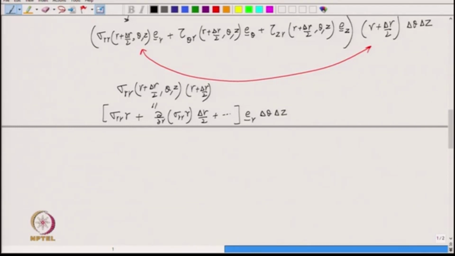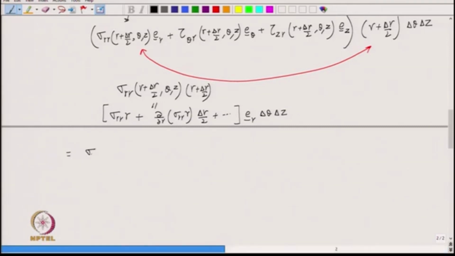All right. So, you see here it is the product which has to be Taylor's expanded. Let us further work it out. So, what does this become? This would be sigma r r into r plus del sigma r r over del r times r plus sigma r r. You have to do the differentiation of the product. So, you get two terms here.